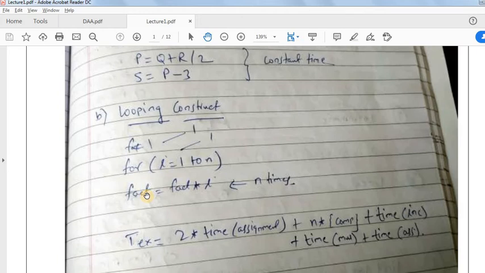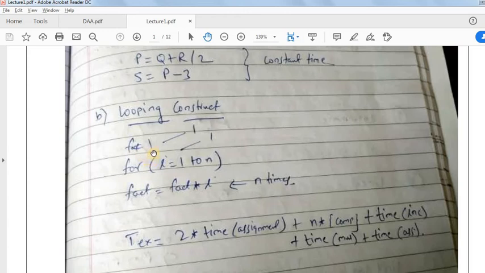So what will be the overall time required for execution of this programming construct? For execution of this program, we will require a total time of execution as 2 times time required for assignment. A question may arise, why 2 times? Here there are 2 assignment operations in our program.